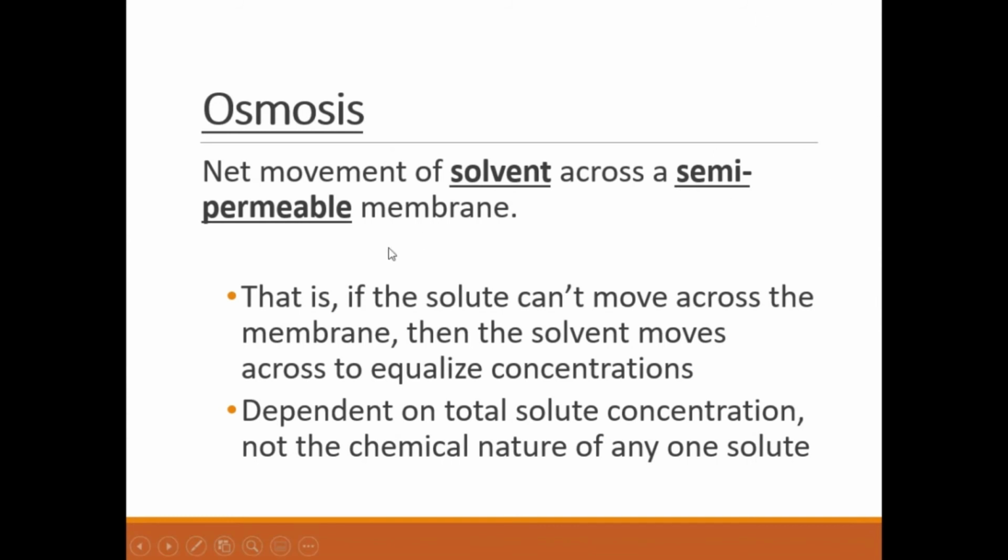So it's got to be a semi-permeable membrane. In which case, the solvent, the liquid, in our case it's always going to be water, will move in the direction of the high solute concentration.